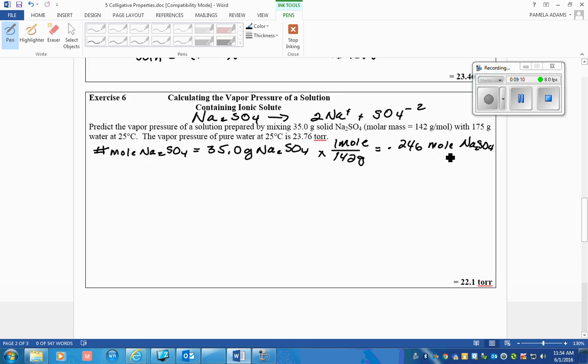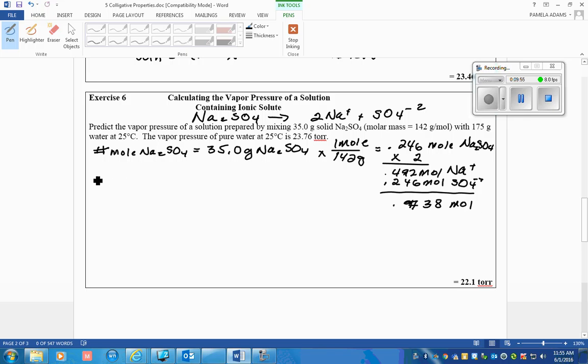So if I have 0.246 moles of sodium sulfate, that will give me 0.246 times 2, which is 0.492 moles of sodium ions, because there are 2 sodium ions, plus the 0.246 moles of sulfate ion. So totally, the number of ions that are blocking the water from evaporating is 0.738 moles.